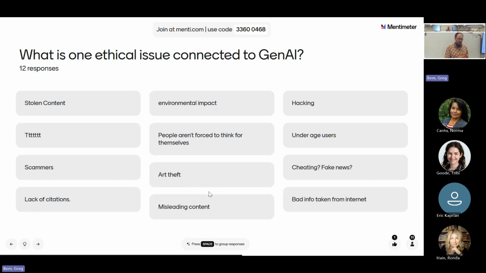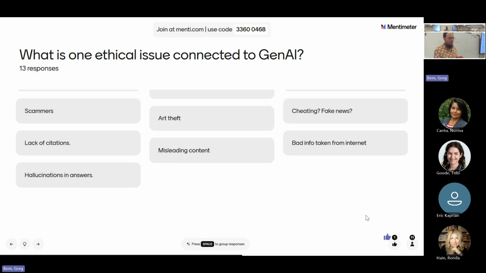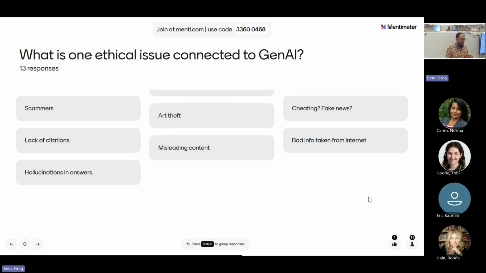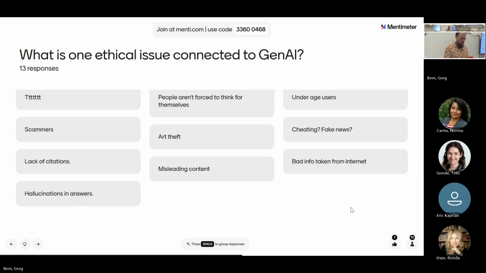Scammers, art theft, cheating, fake news, lack of citations. It's a good one to mention in the college environment here. Misleading content, bad info taken from the internet, hallucinations and answers. Wow, you all know quite a bit already. This is great. We're going to go into some of these things today.